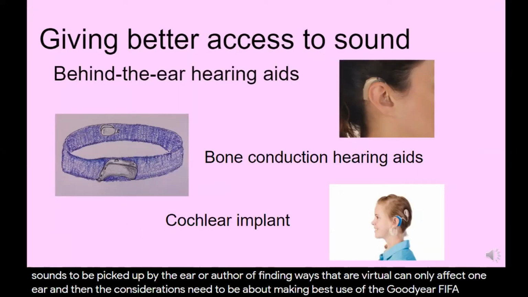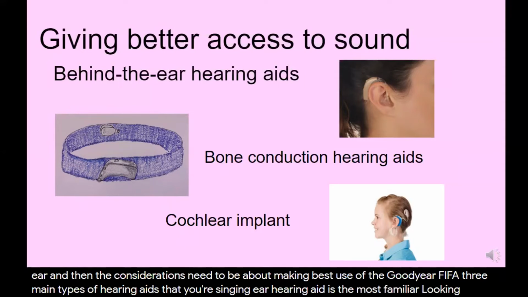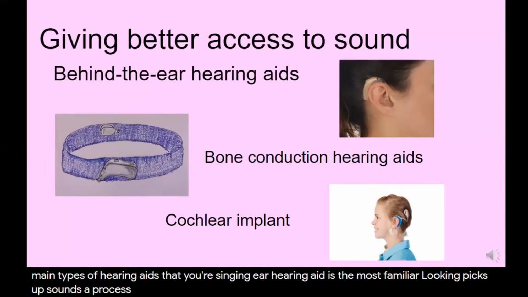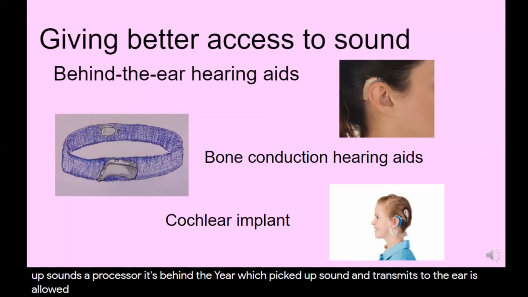These are the three main types of hearing aids that you're seeing. Probably the behind the ear hearing aid is the most familiar looking. It has a microphone at the top that picks up sound, a processor that sits behind the ear, which picks up sound and transmits it to the ear as a louder sound.